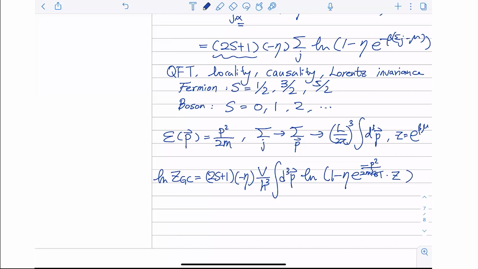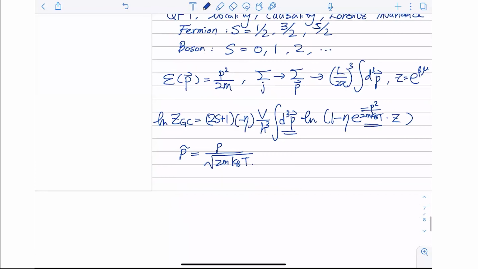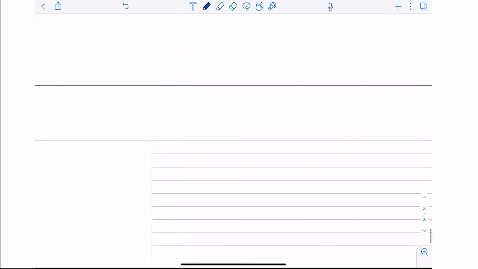So as usual, we know that it is good to replace the integral using a dimensionless variable. In this case, we can define p tilde to be p divided by square root of 2m kBT. And then we will get the partition function that looks like this.